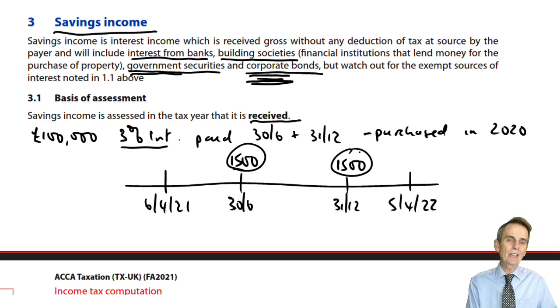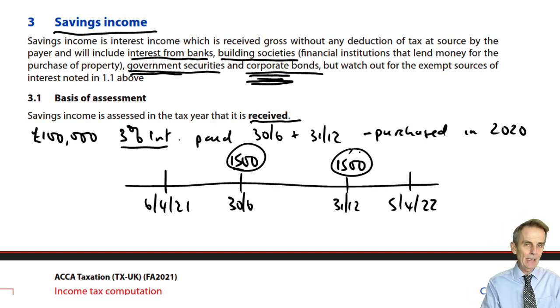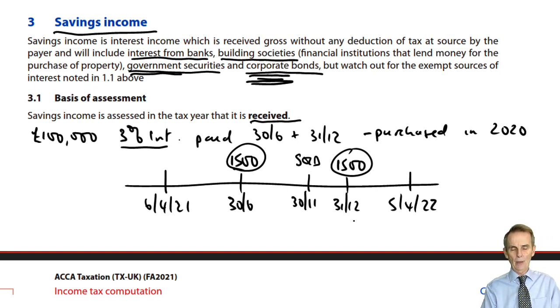But what we might discover is that either those securities were bought partway through the period, or, as we'll see now, sold part-way through the tax year. So what about here if these particular securities were sold on, let's say, the 30th of November 2021?